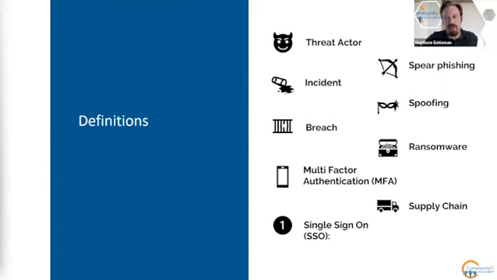MFA, that's multi-factor authentication. Again, that combines something you know, which is your password, along with something that you have, which is often an app on a smartphone, or it may be something like a physical security key.